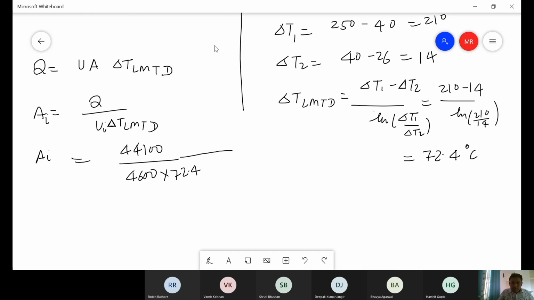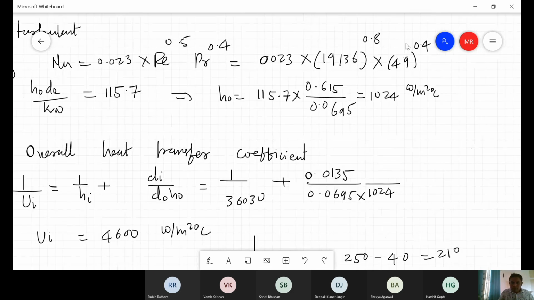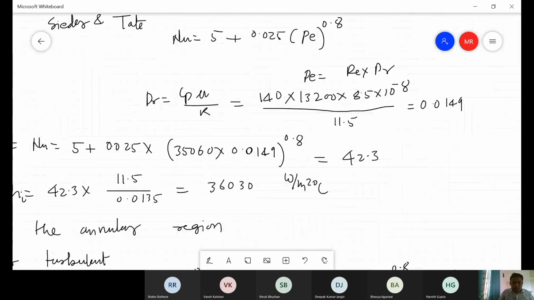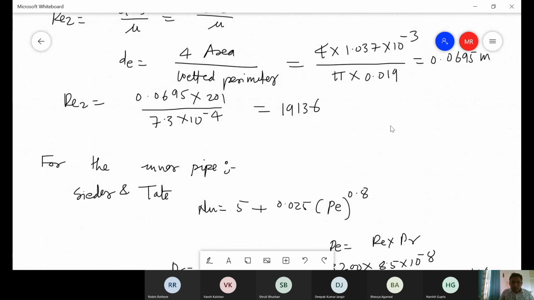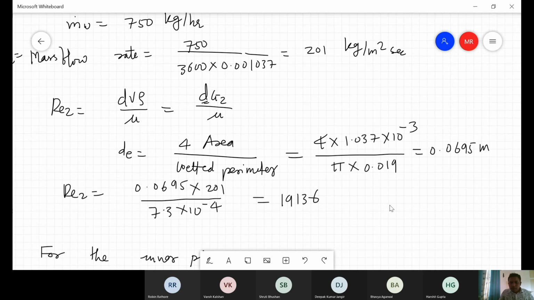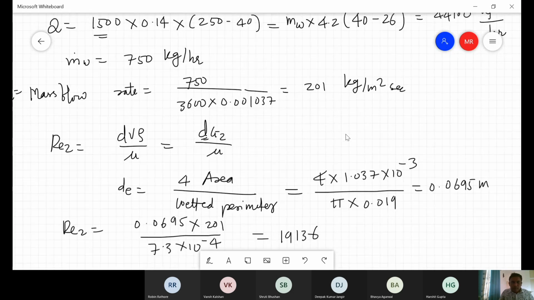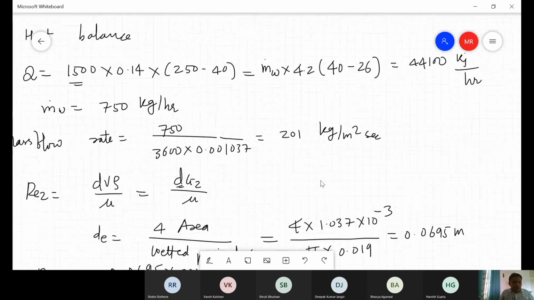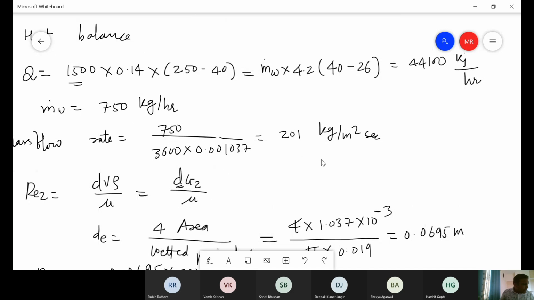Let me just go back. Okay, so this is 1500 kg per hour into kilojoule per kg, 0.14 we have multiplied, and 4.2 kilojoule per kg, so that will be kilojoule per hour.